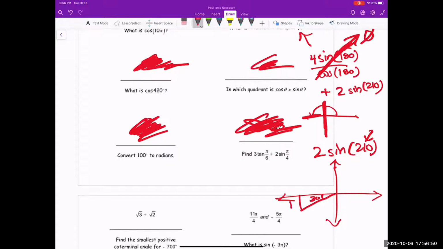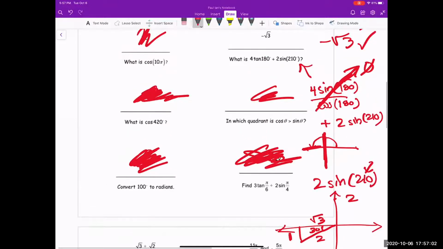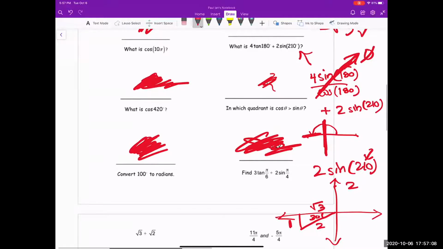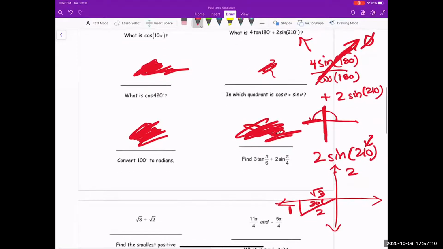So that's 1, 2, and then root 3. And I'm doing sine, right? So sine would be opposite. So it's 2. What is that? Oh, I see. Yeah, I did get it right. Okay, that's good.